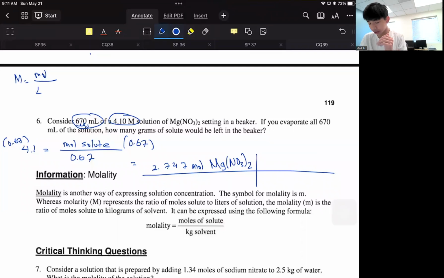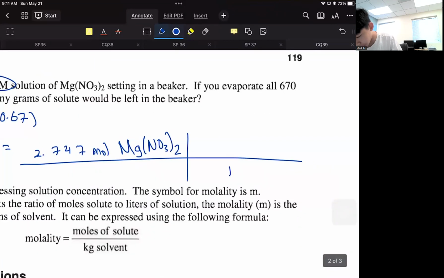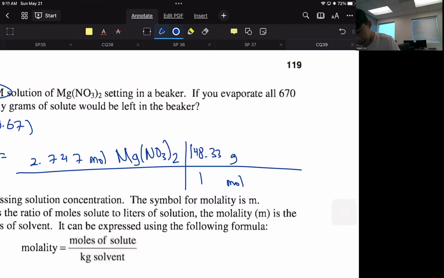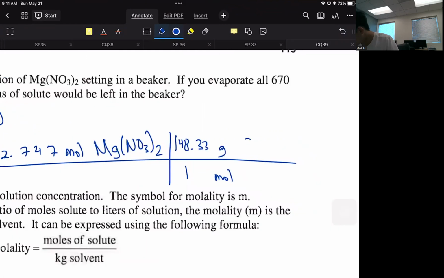So for one mole, there's gonna be 148.33 grams over 1 mole. You multiply this, and you're gonna get 407.5 grams of Mg(NO3)2.